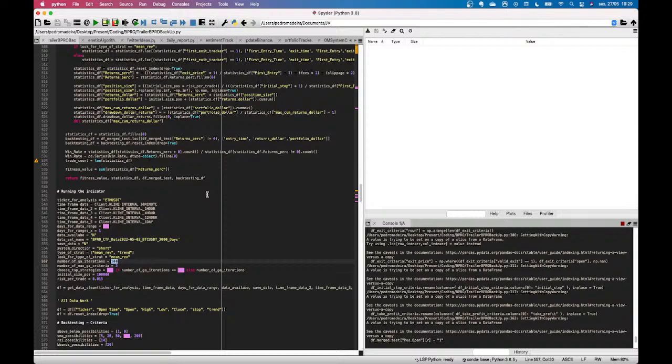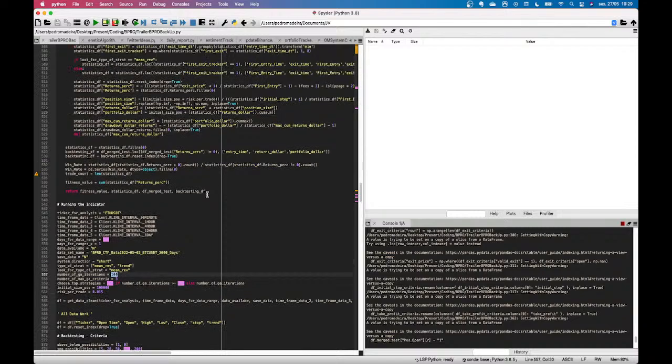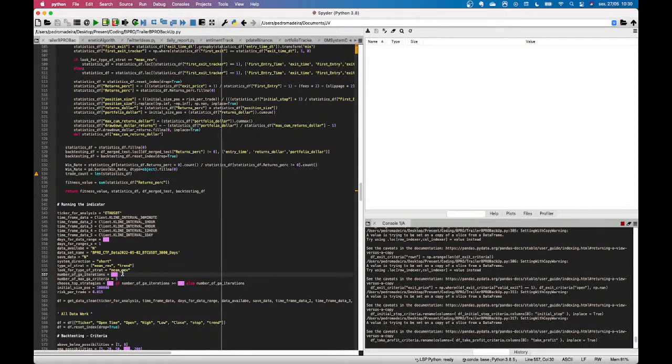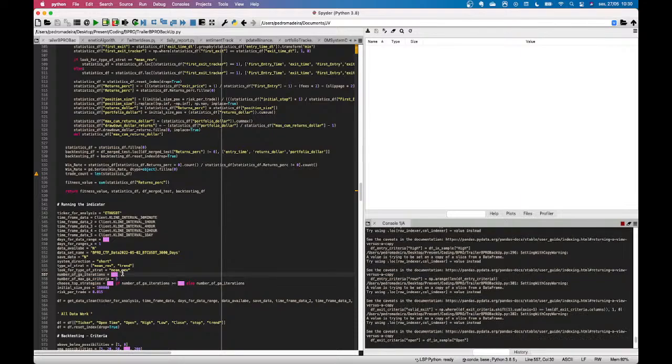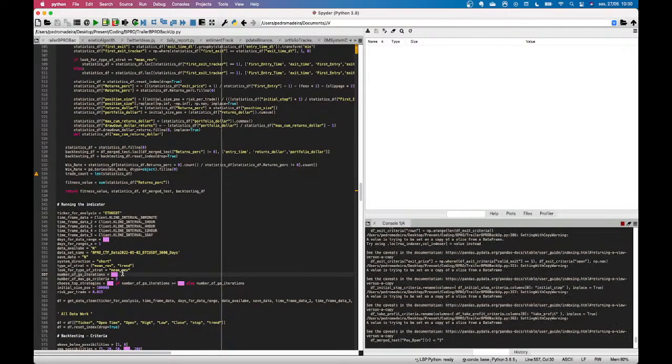But since the calculation of the indicator is outside of the searching for strategies, it doesn't matter. When you are running, let's say, 100,000 iterations, which I do, you have to be very careful about efficiency, because a 1 minute backtest times 100,000 will take you 100,000 minutes.